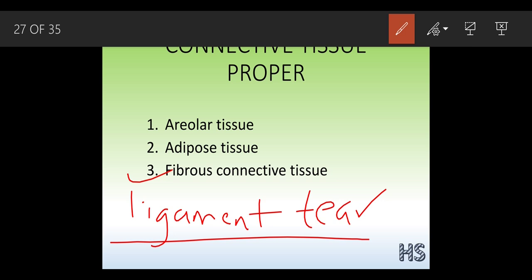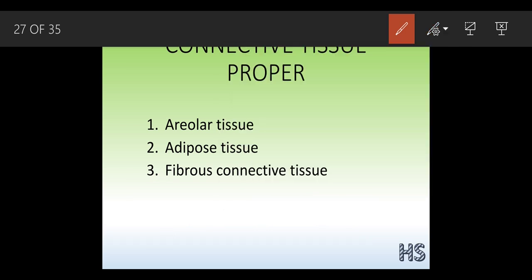Let's take an example. Suppose this is a bone, and this is the other part of the bone.